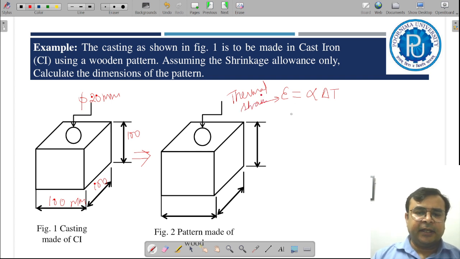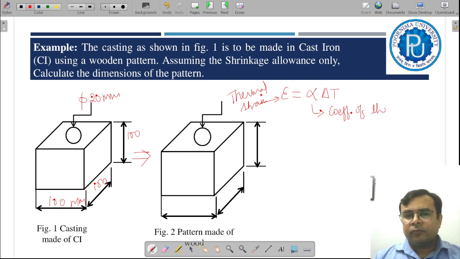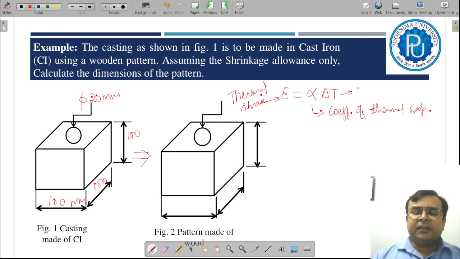Thermal strain. And alpha is the coefficient of thermal expansion. This is a material property, and this is the temperature change.